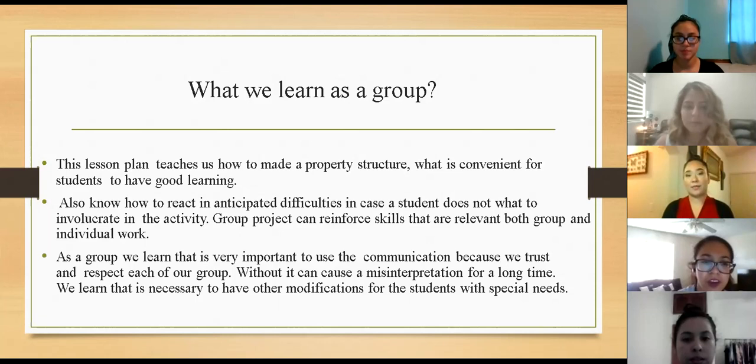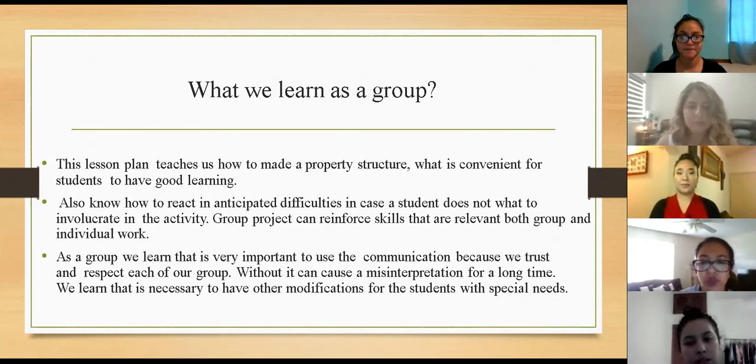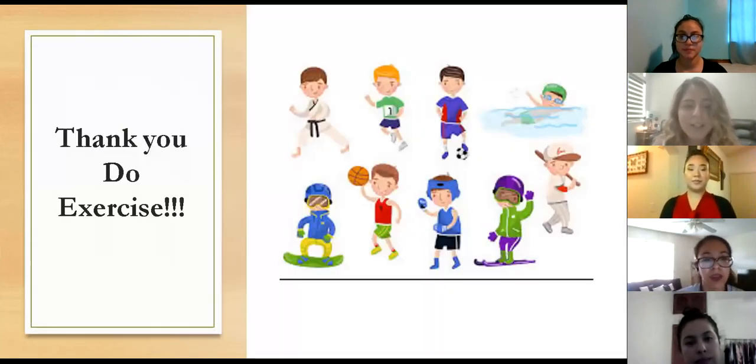As a group, we learned that without it can cause a misinterpretation for a long time. We learned that it is necessary to have other modifications for the students with special needs. Thank you, and do exercise.